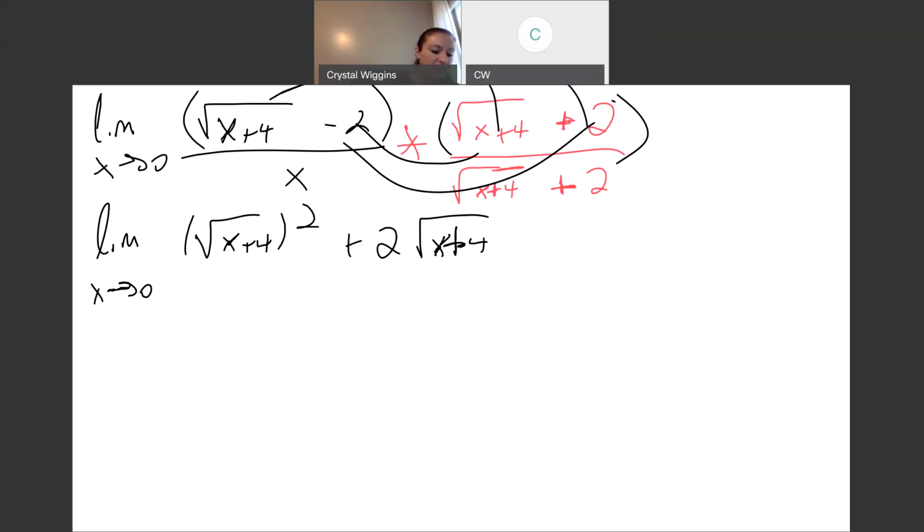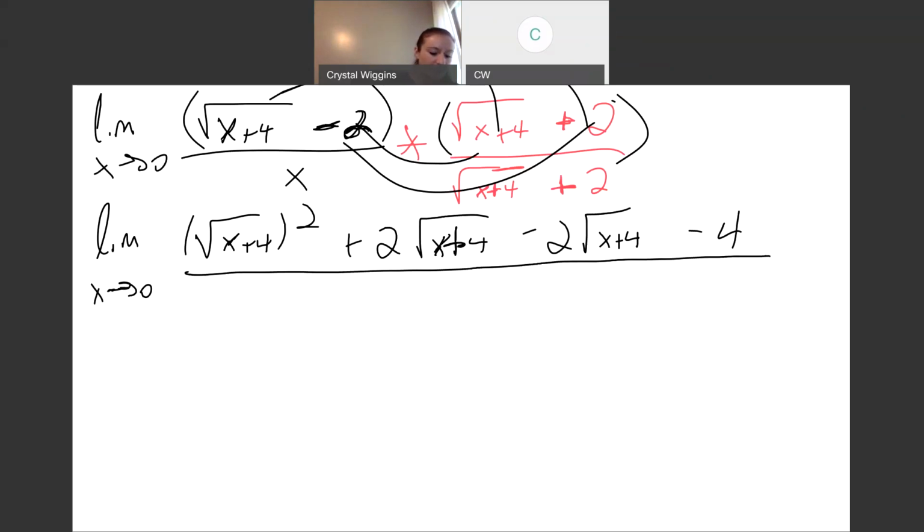Okay, now we're moving over to this -2. -2 times the square root gives us -2 square root of x plus 4. And -2 times +2 gives us -4. All over x times the square root of x plus 4 plus 2. Now, I don't care about the denominator right now, and I definitely don't want to distribute this out because my goal is to cancel that x at some point.